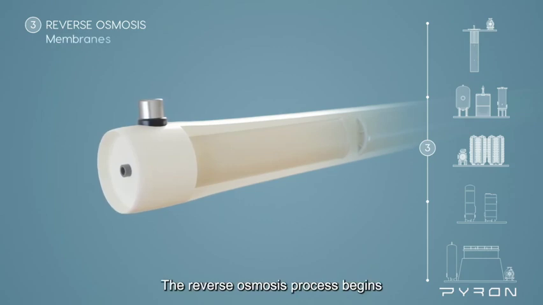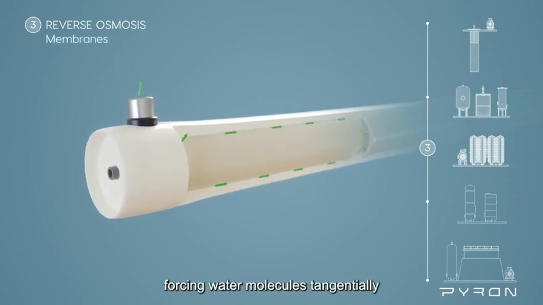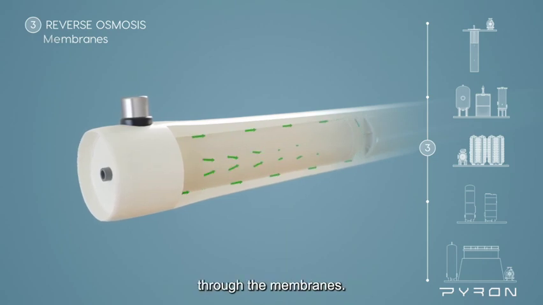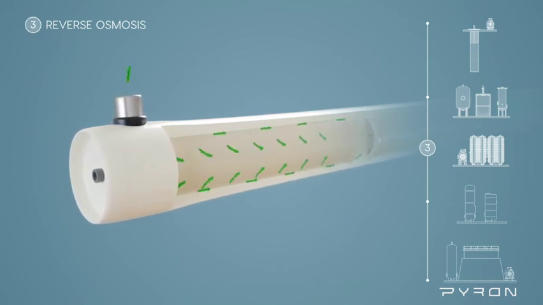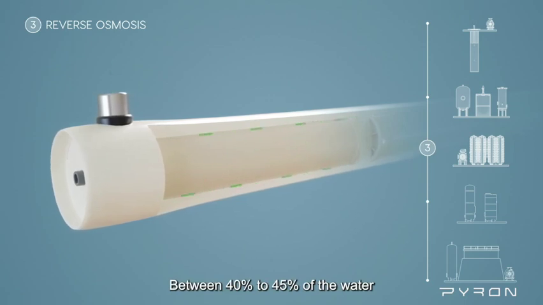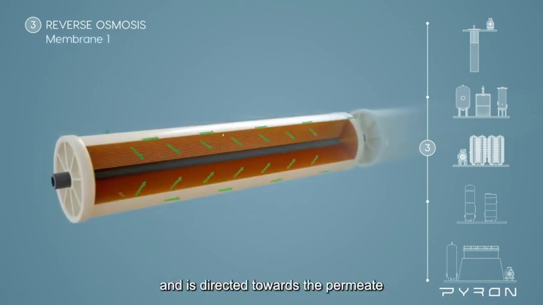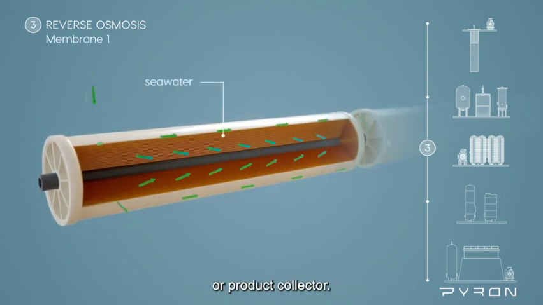The reverse osmosis process begins when pressure is applied to seawater, forcing water molecules tangentially through the membranes. Between 40 to 45% of the water passes through the membrane surface and is directed towards the permeate or product collector.